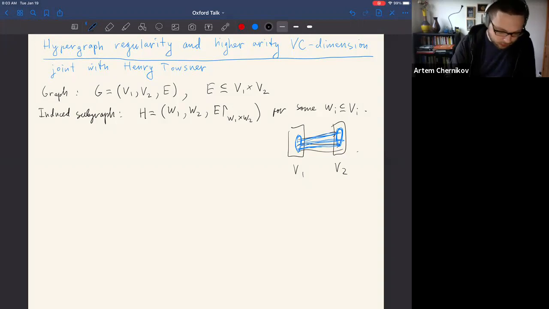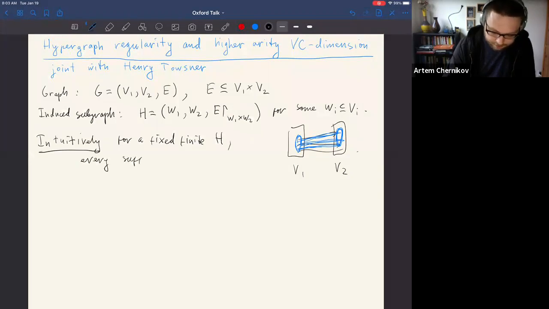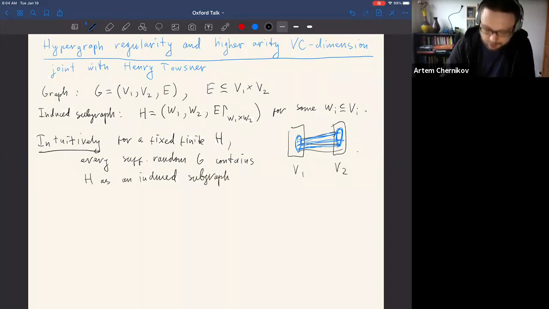All right. So now, what is the intuition or motivation for some of the theorems that I would like to present today? So intuitively, one can say that for a fixed finite graph H, every sufficiently random G contains H as an induced subgraph. Of course, to make this precise, we have to define what random means, right?